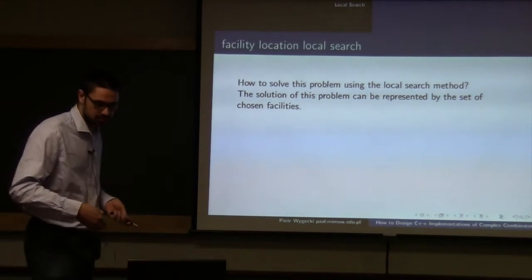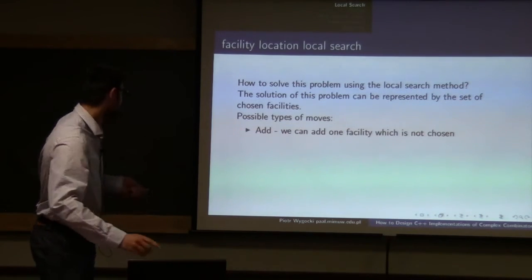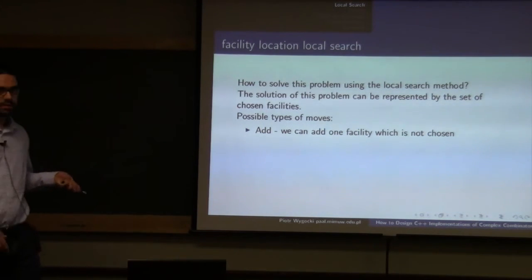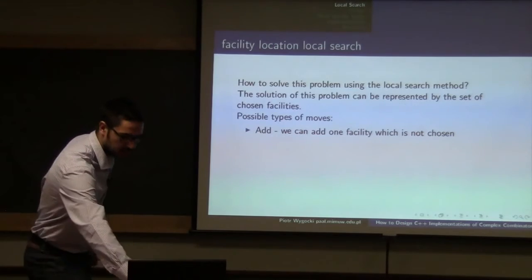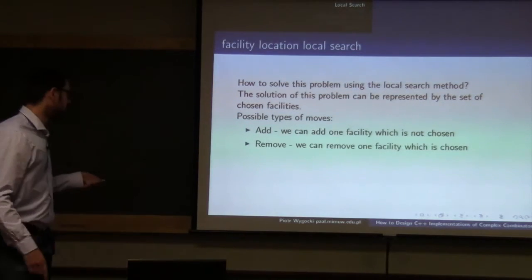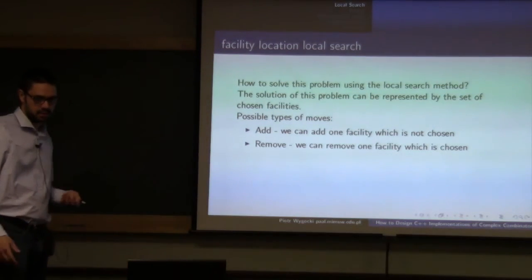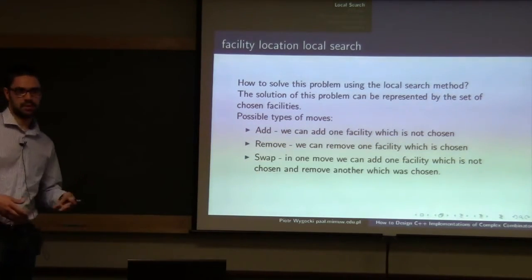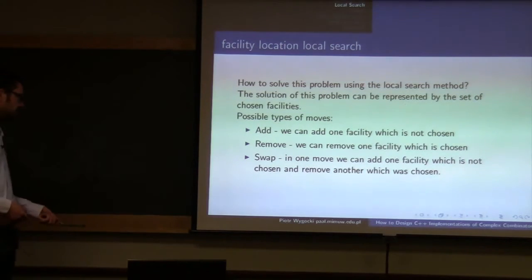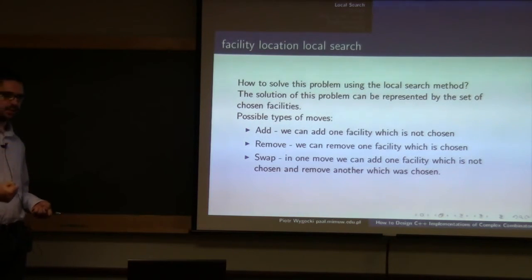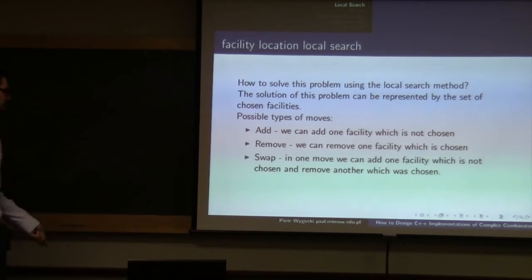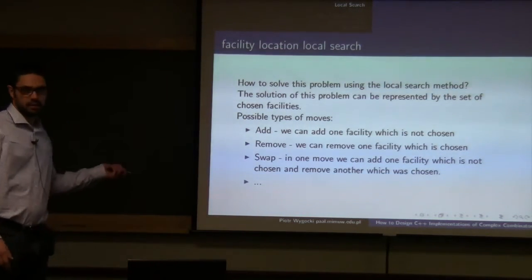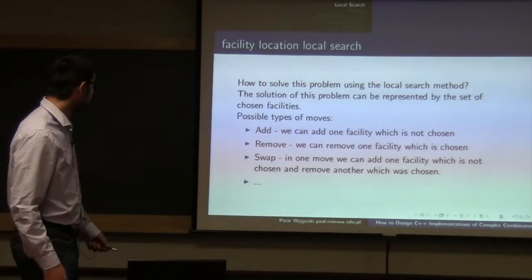Yes, that's right. The first possible move is to add one facility which is not chosen, and the other possible type of move is to remove a facility, and there is the swap move. This is more complicated: we open one not chosen facility and close one that is chosen. And of course there are many other types of moves that you can consider.